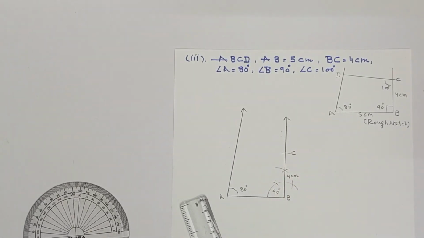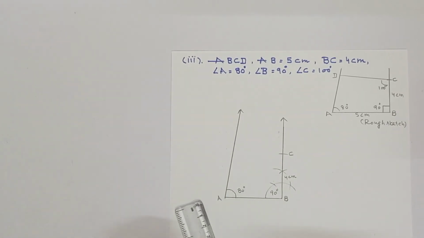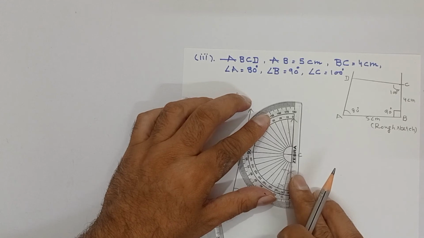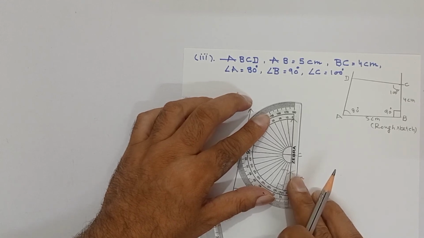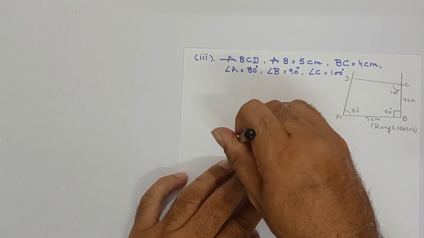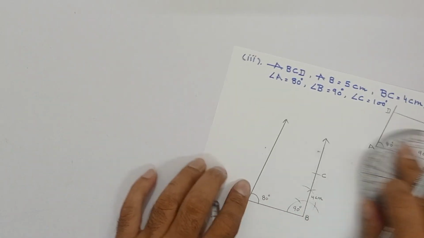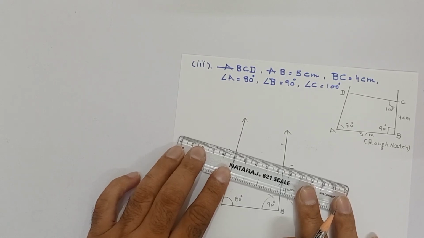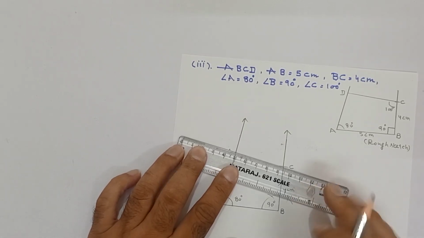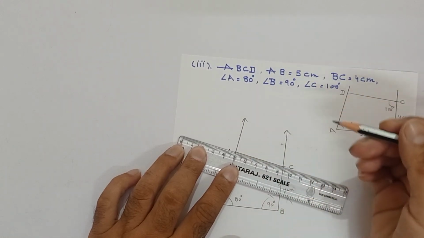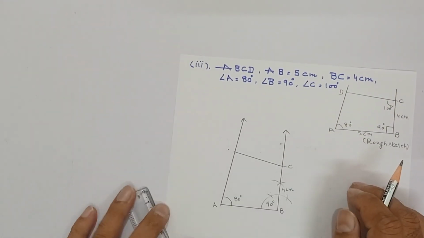At point C, 100-degree angle as we have made in the previous question. Keep this protractor in proper position. Right, 100-degree outwards this way. So join. This way it will come. If you wish, you can extend. If you do not wish, leave here only.